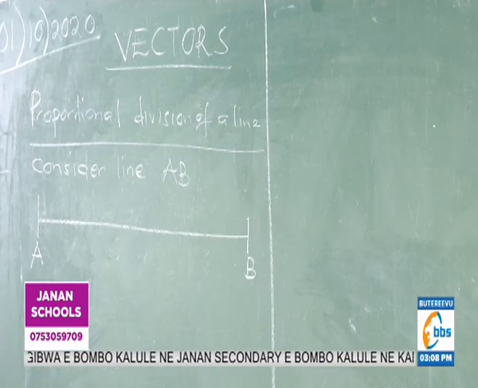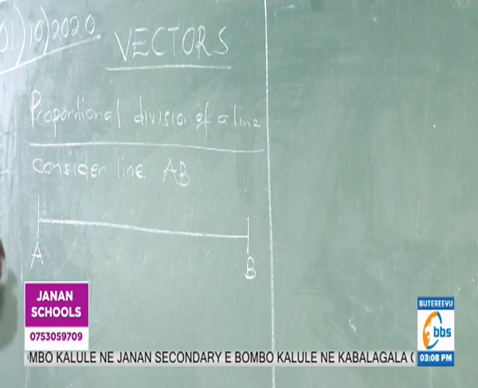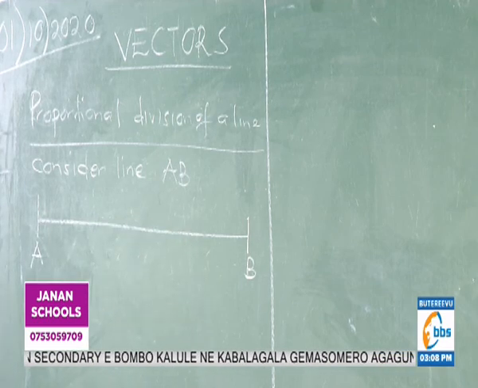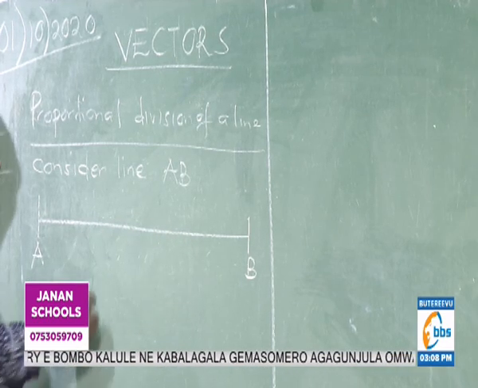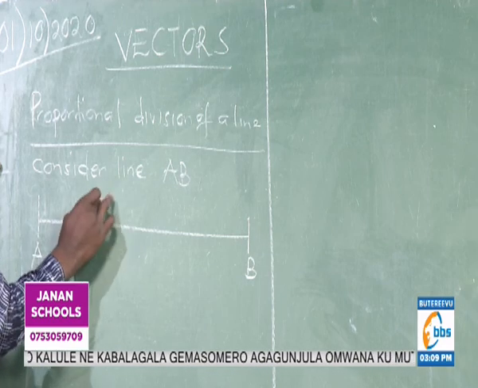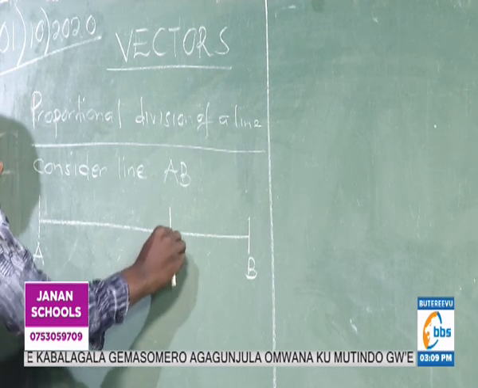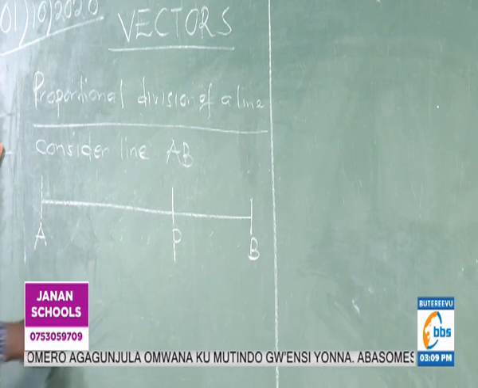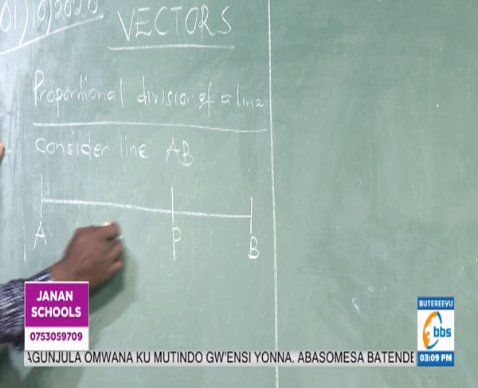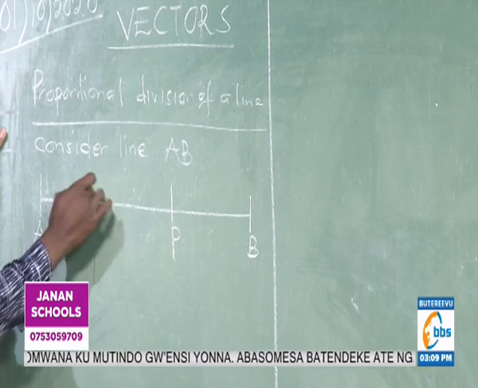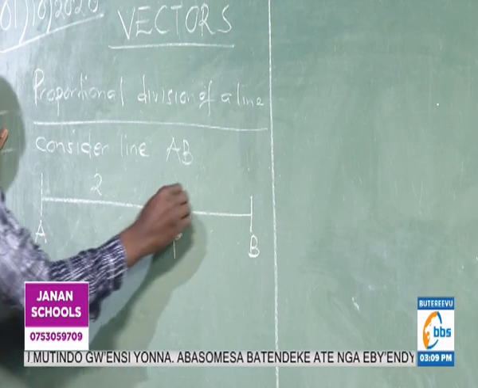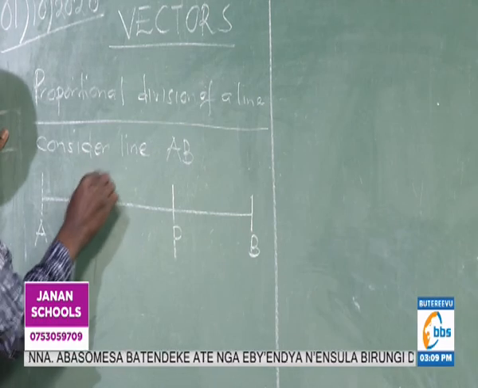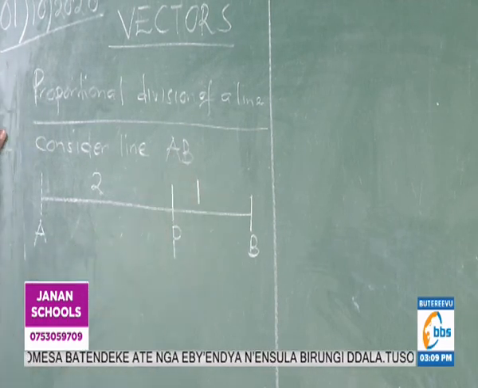We are going to have a point that divides this line, not into two equal parts, but somewhere else. Maybe this can be our point P. If point P divides line AB such that this part is bigger, we can make it 2, and maybe this part is 1. So we can have that.